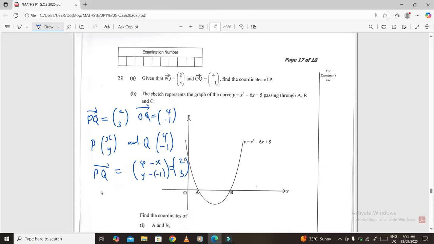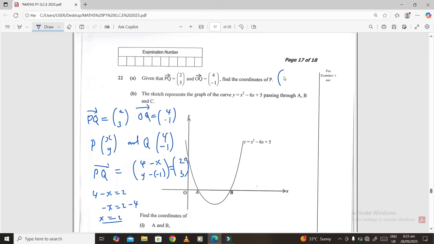So we can say 4 minus x is equal to 2, negative x is equal to 2 minus 4, x will simply be equal to, when we solve, negative 2. Divide by that, it will be equal to negative 2, I mean positive 2.